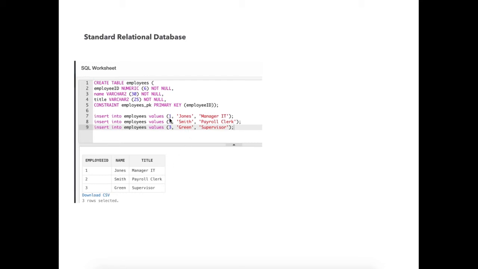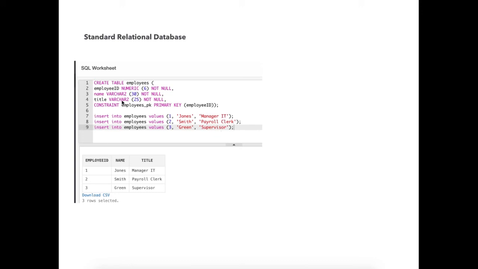We are selecting a number, therefore there's no quotes, and we're entering a varchar. A varchar for name up to 30 characters, therefore whatever we enter must be 30 or less, and a title up to 25. Anything we enter here must be 25 characters or less, including the spaces. Anything above will prompt us with an error.